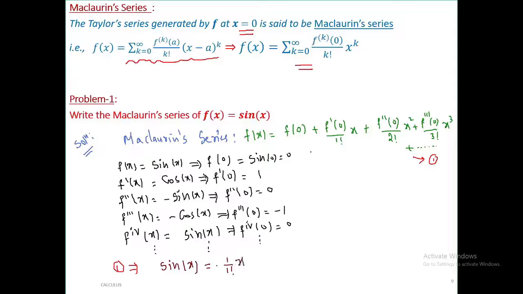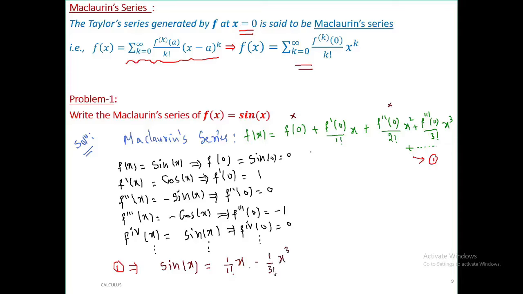So the first term is 0, I am not writing it. The second term, f double dash of 0, is 0, so I am not writing it either. And the next term, f triple dash 0 is minus 1, so minus 1 by 3 factorial into x cube.